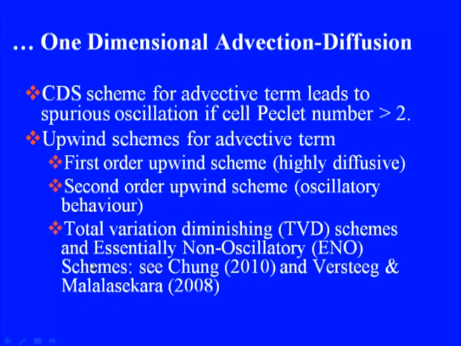This is one possibility, and another set of schemes are called essentially non-oscillatory schemes. And our first order upwind scheme in fact is a member of these generic TVD schemes. So, for details I would suggest that you refer to the books by Chung and Versteeg and Malalasekara on computational fluid dynamics. I will give the full reference of these books towards the end of the lecture.